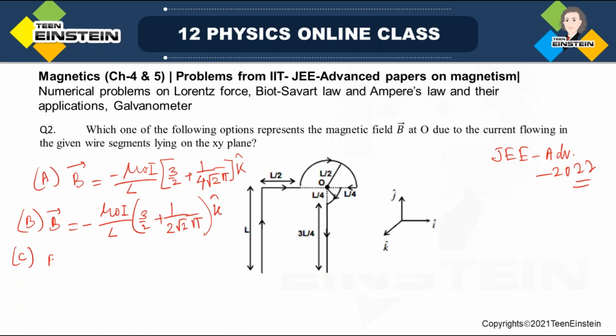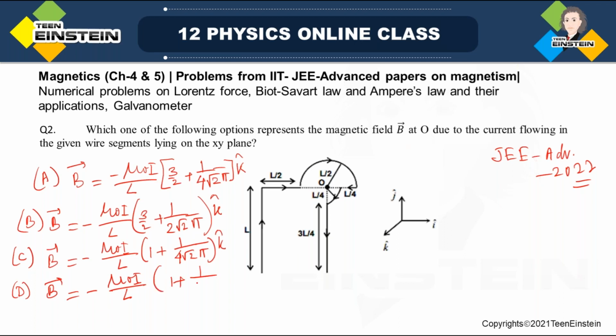Option C says B equals minus mu 0 I by L, 1 plus 1 by 4 root 2 pi, into k cap. And option D is B equals minus mu 0 I by L, whole into 1 plus 1 over 4 pi, whole into k cap.